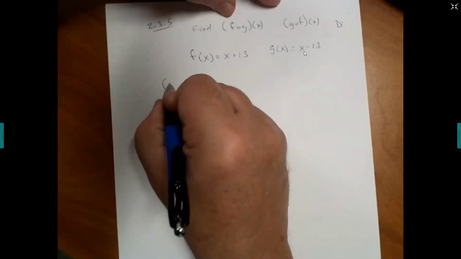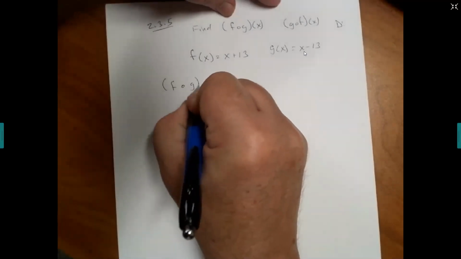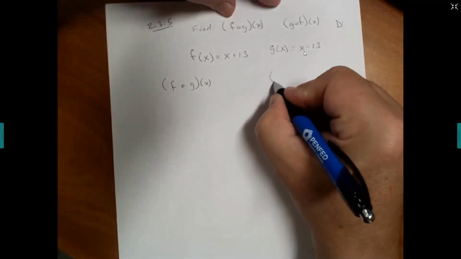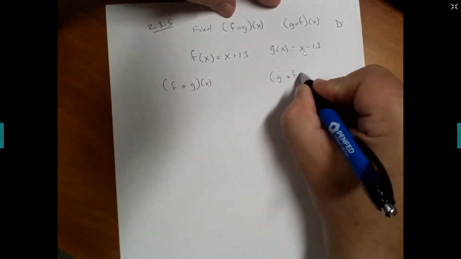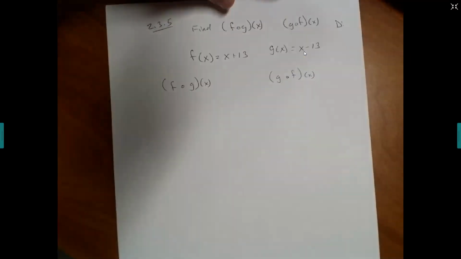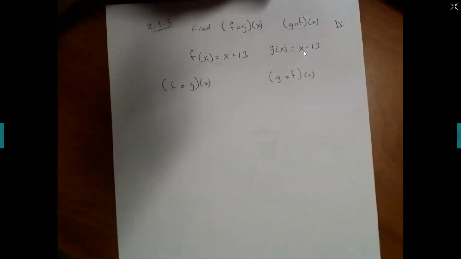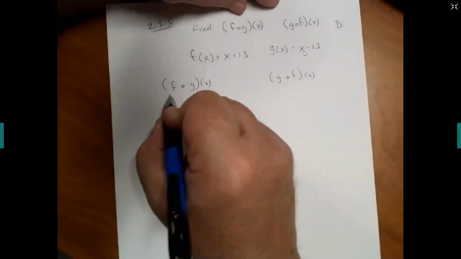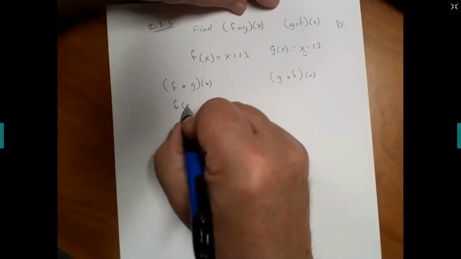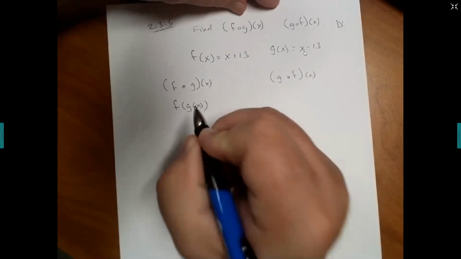So we have two things to do here. We have the f o g and we have the g o f. So this is the same as f of g of x.